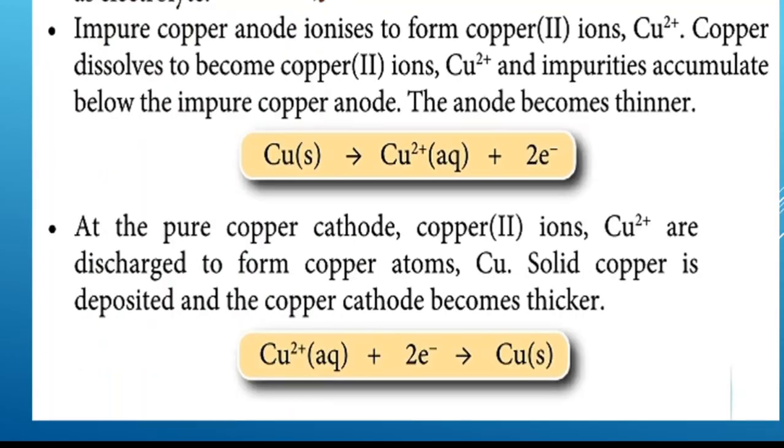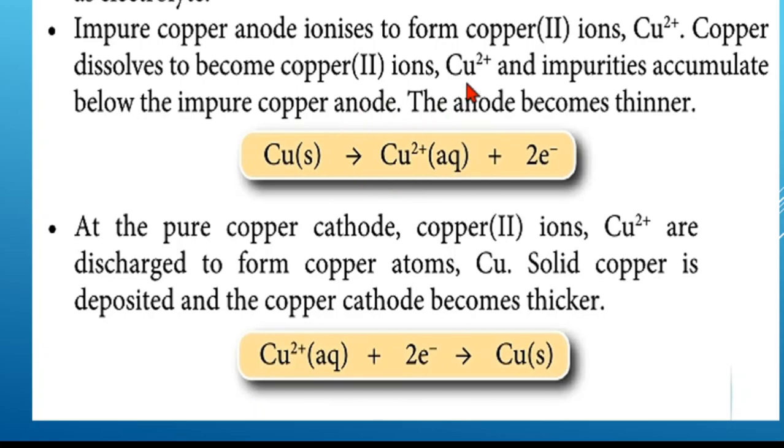Impure copper kita letak di anode tadi kan. Okay. So, dia akan ionize dengan cara membuang 2 elektron dan dia jadi Cu2+ ion. Okay. So, dia masuk dalam solution lah.